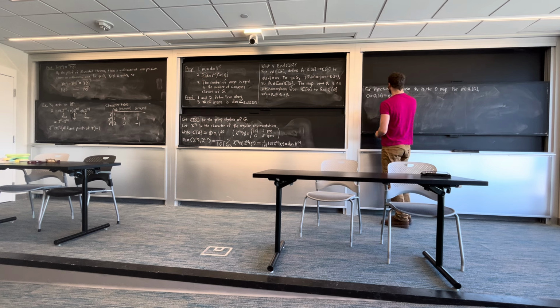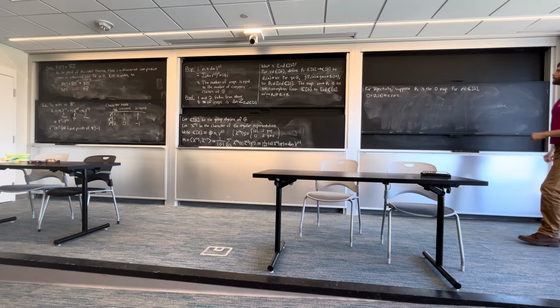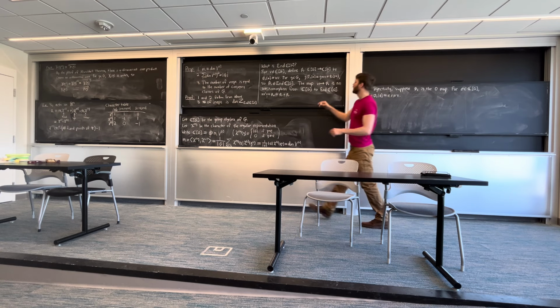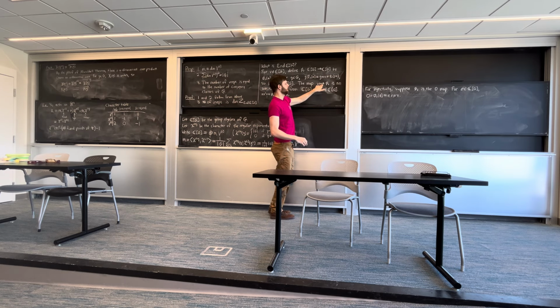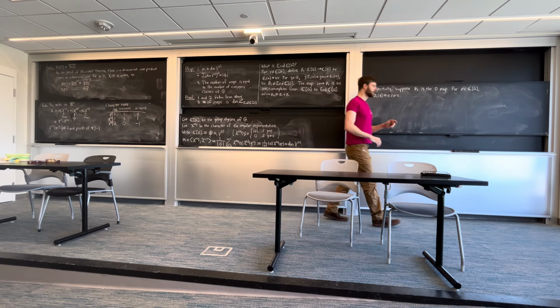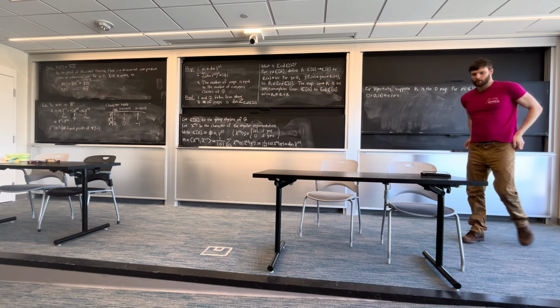So you get e times v, okay, but that's the same as v. So this is saying, right, the only thing that maps to 0 under this map here is 0. Okay, so that's injectivity, because the kernel is trivial.